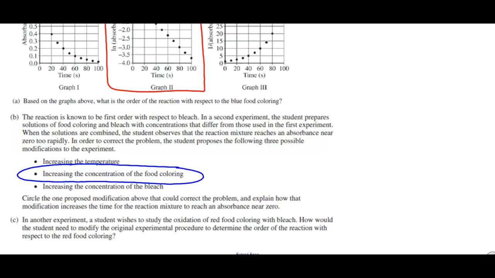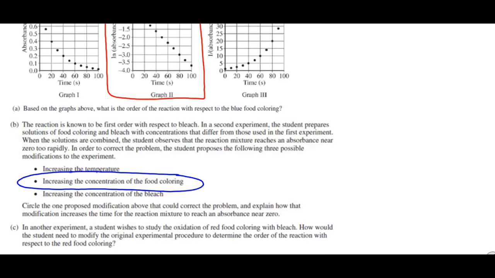So by increasing the concentration of the food coloring, this will in essence slow down the reaction, and there'll be more time for the bleach to oxidize the additional blue food coloring. So it will slow it down, and it'll give it more time for that process to occur.